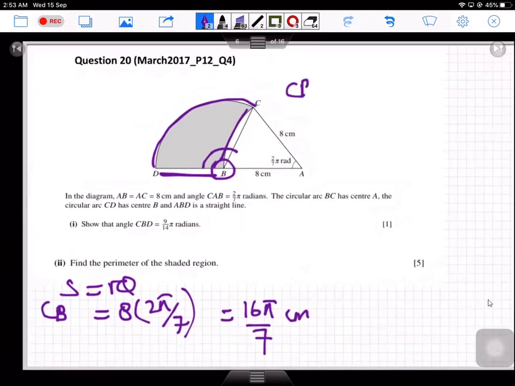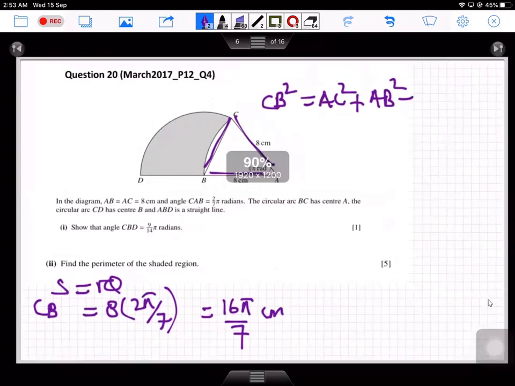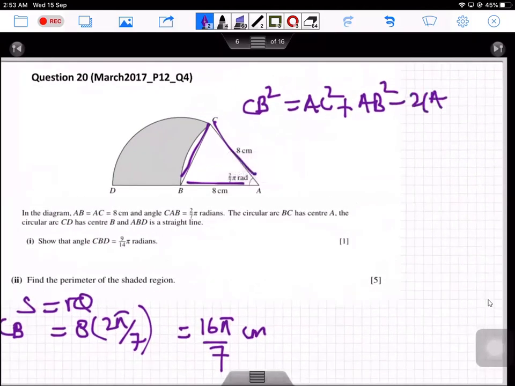CB squared is equal to AC squared plus AB squared minus 2 times AC times AB multiplied by cos CAB.